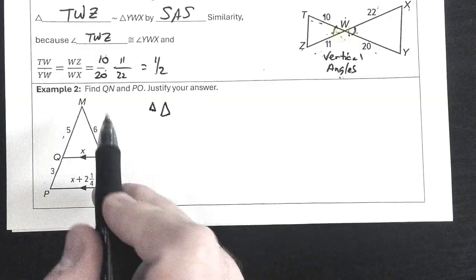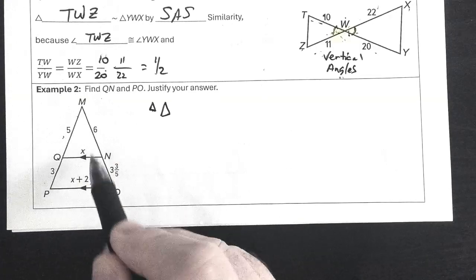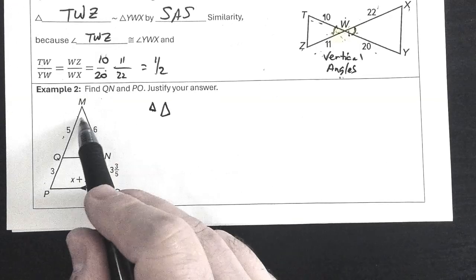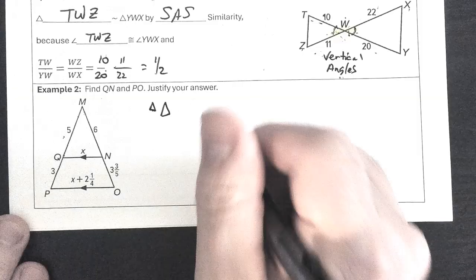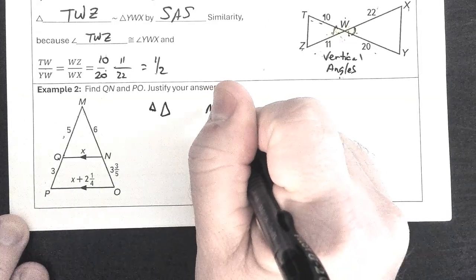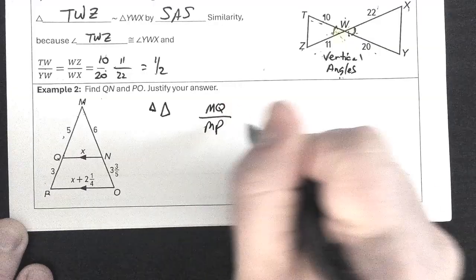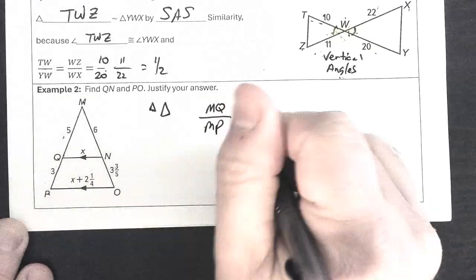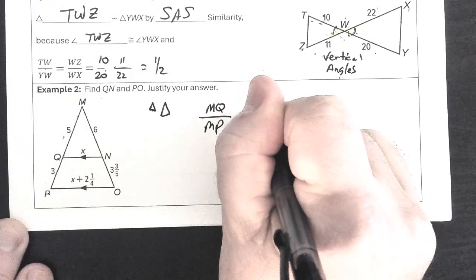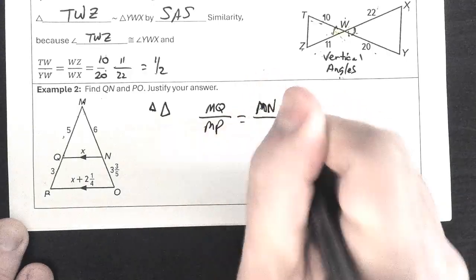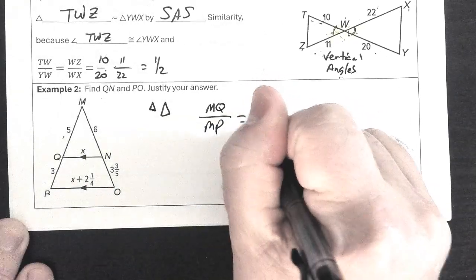So QN and PO, we have to solve for X. Let's just start here. MQ to MP. Then the other side would be MN to MO.